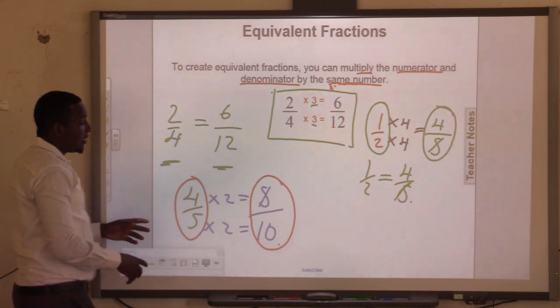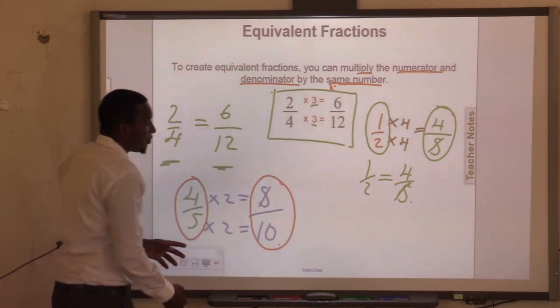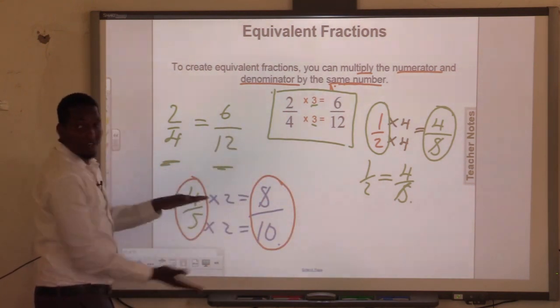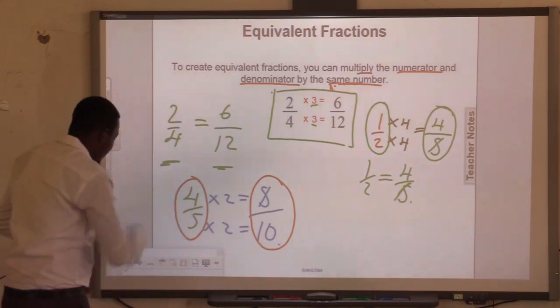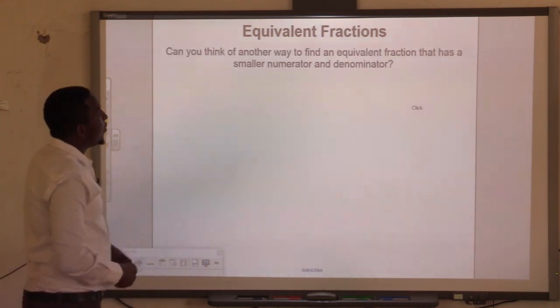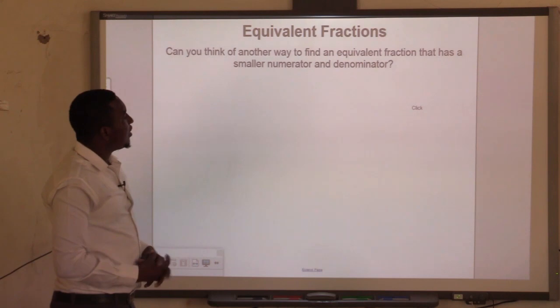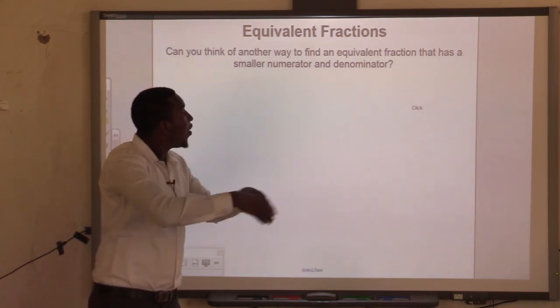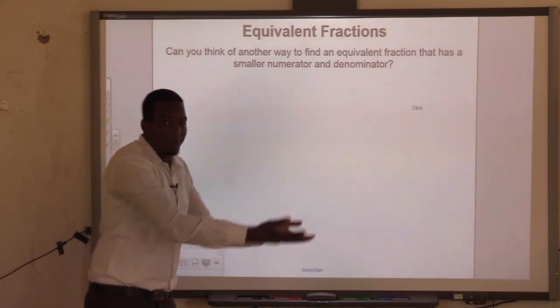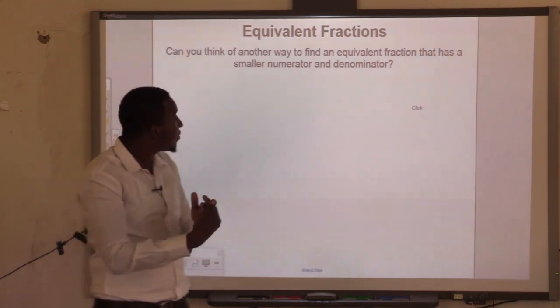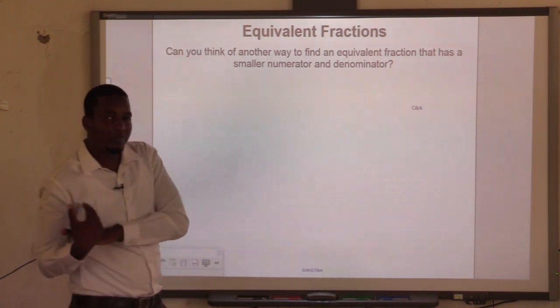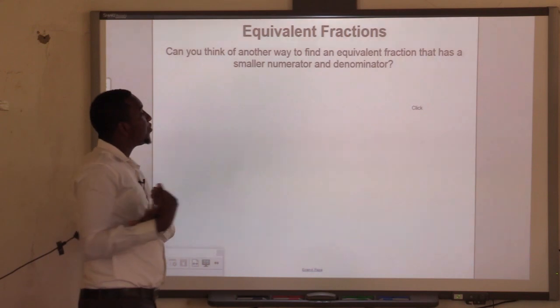You realize that the equivalent that we are going to have will have a bigger numerator and a bigger denominator. So in this other one, we want to make sure instead of having a bigger numerator or a bigger denominator, we want to have a smaller numerator and a smaller denominator. So how do we do that?